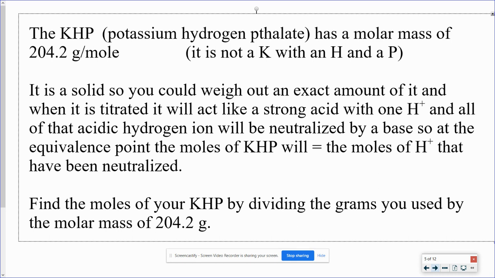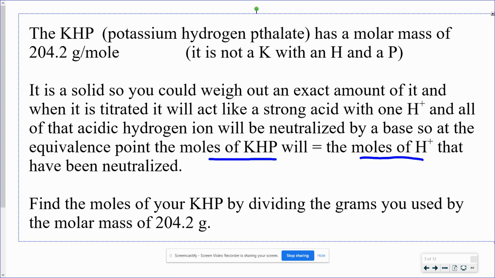So at the equivalence point, the moles of the KHP will equal the moles of the H+. Okay, so that's key. That's why it's acting like a strong acid. All of the H comes off and gets neutralized by the OH-.